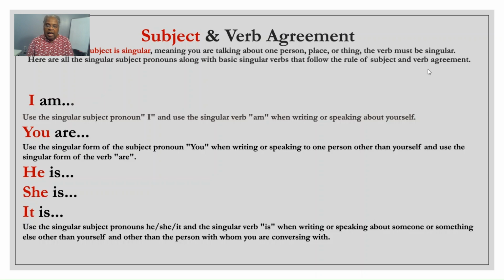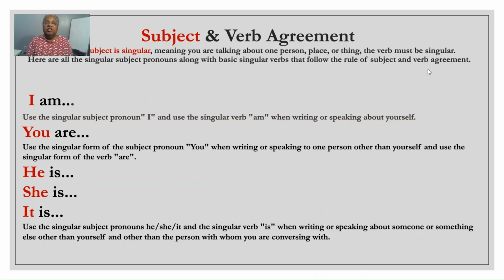That means that we are to write the verb in a way that we are referring to one person, place, or thing, or more than one person, place, or thing. There are two rules to set up subject and verb agreement. The first rule is that if the subject is singular, meaning you are talking about one person, place, or thing, the verb must be singular.